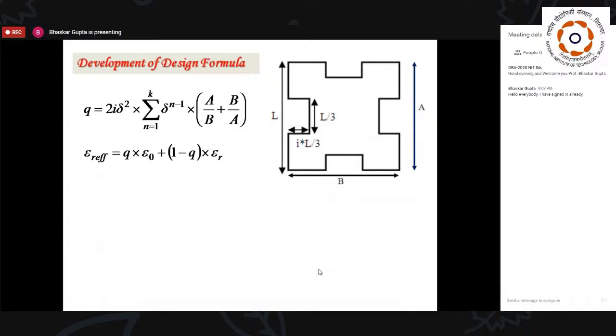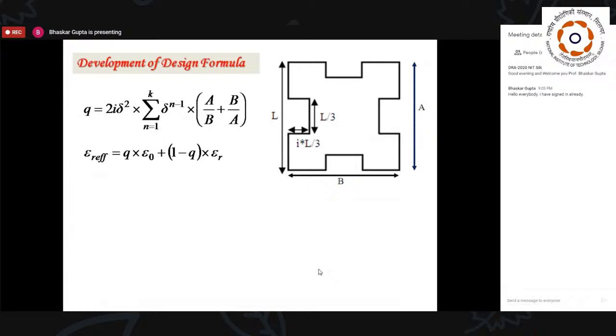So the epsilon effective is, as the definition of the filling factor goes, just like microstrip, Q into epsilon naught plus 1 minus Q into epsilon R corresponding to the dielectric of this antenna. That is as if by this factor the air space is filled up.